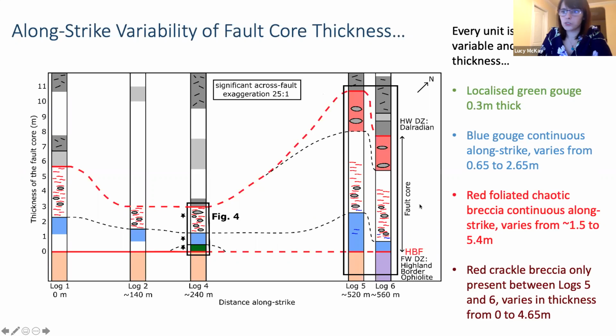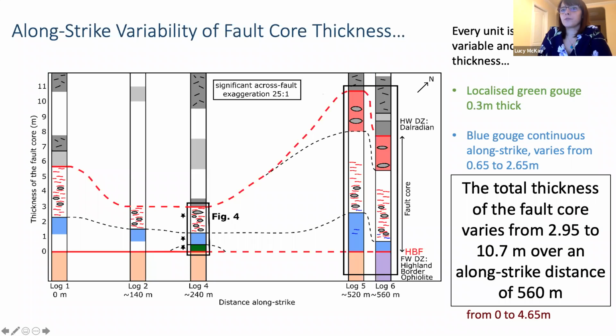So this shows a map of the 5 different structural logs I did at different locations, just to show that the internal structure is variable. The fault core itself ranges from 3 meters here to 10.7 meters over this long strike section of 560 meters. So over a relatively short section, the fault core itself is variable.